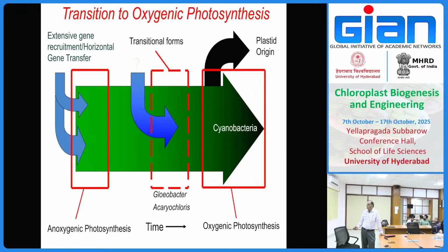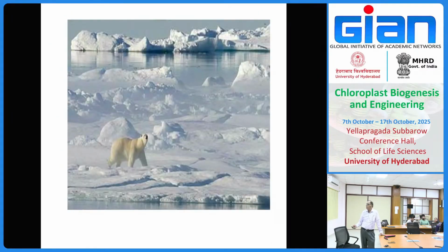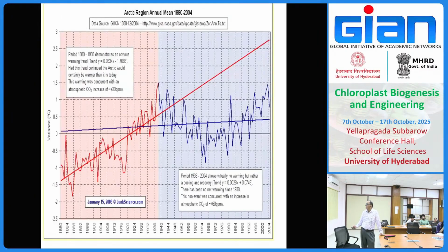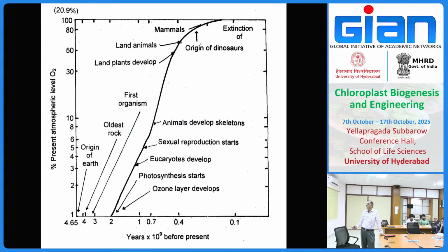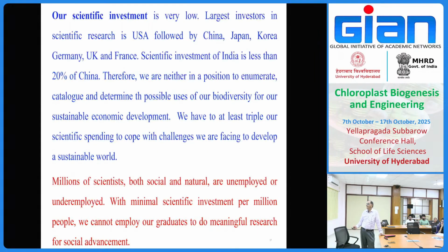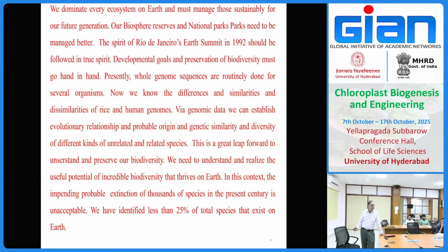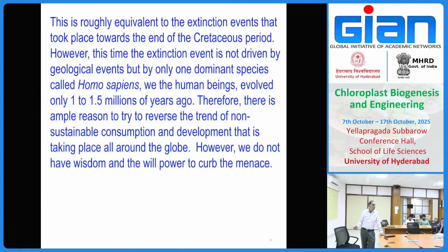When CO2 concentration is increasing, what is going to happen to plant productivity? Plant productivity is going to increase. Why? Because photorespiration is suppressed.